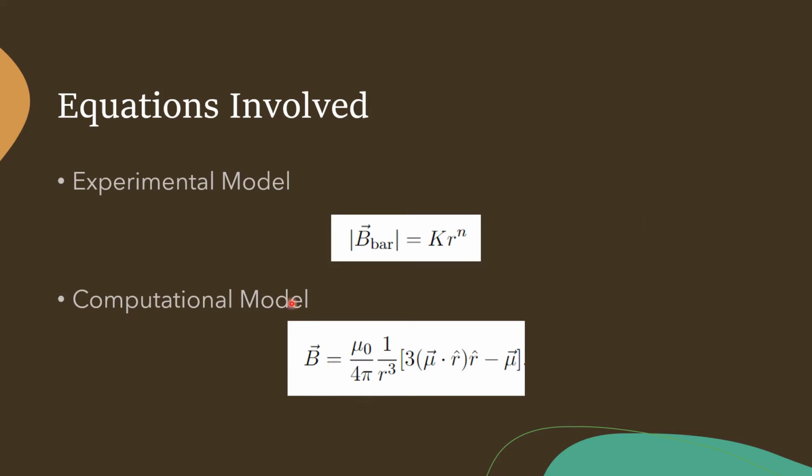And then the computational model, or this Biot-Savart model, is right here: mu naught over 4 pi times 1 over r cubed times 3 mu vector dotted with r hat vector in the r hat direction minus mu vector.